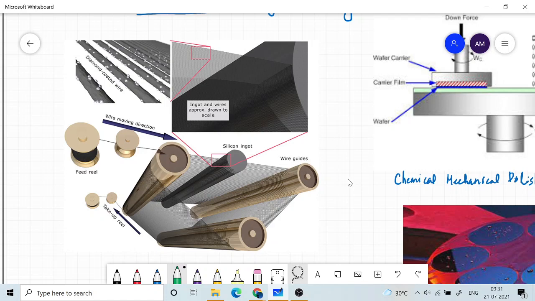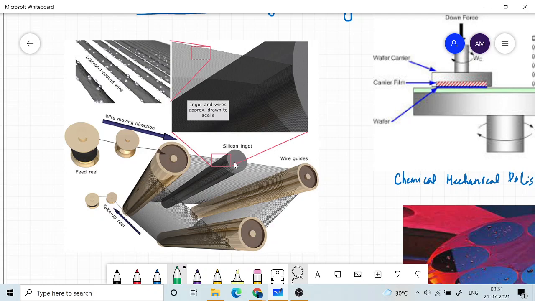and you can see that lots of wires are drawn or rotated with the help of some wire guiding mechanism. The feeding is from one side, and the wires are basically going around the silicon ingot where it is introduced on one side.